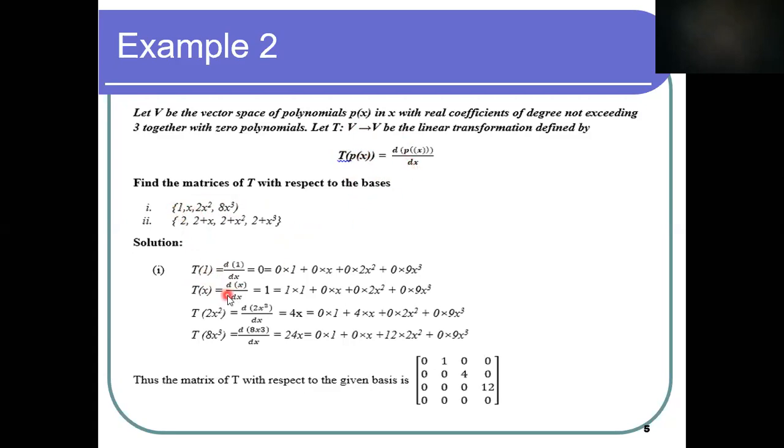So the first element is T of 1, d by dx of 1. The derivative of 1 is 0. So 0 into 1 plus 0 into x plus 0 into x squared plus 0 into 8x. Sorry, it should be 8. It should not be 9.